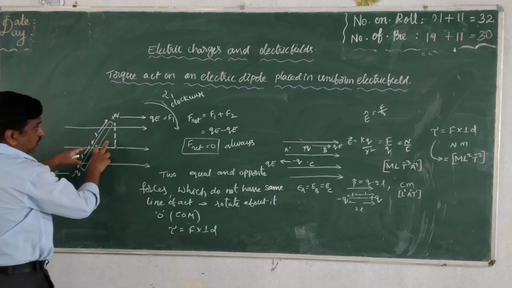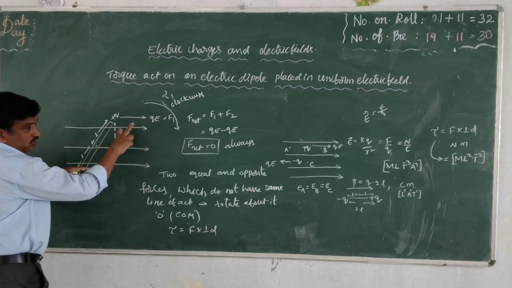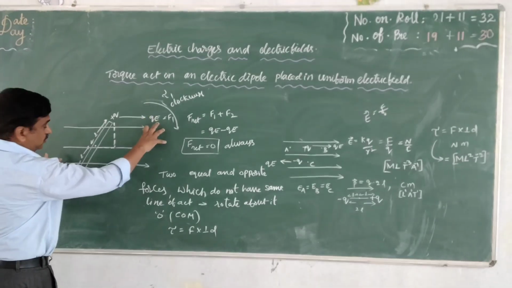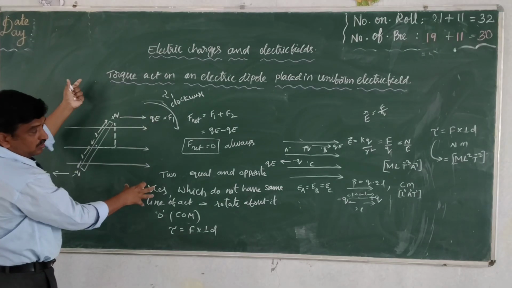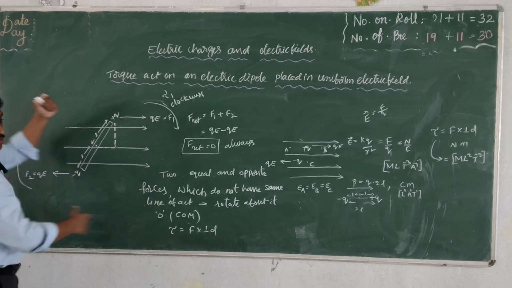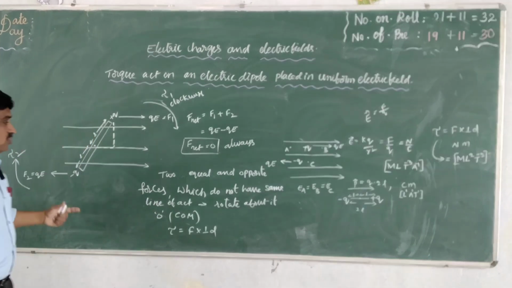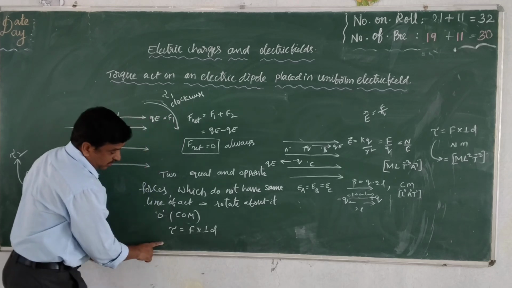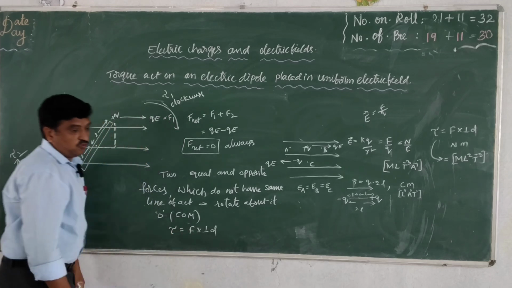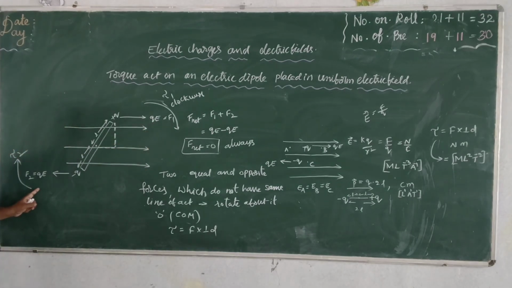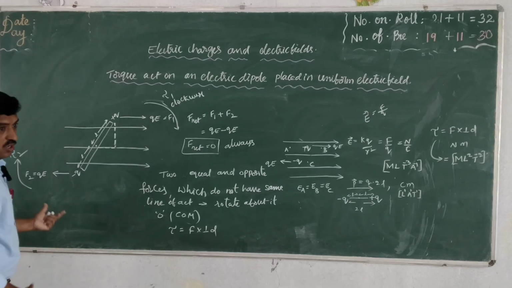These are two equal and opposite forces but they do not have the same line of action, so the torque here is downwards and here upwards, but both are in the same rotation, clockwise, that's why it will continuously rotate about its axis or center of mass. See here, total torque: torque means force into perpendicular distance. What is the force here? QE, here plus QE, here minus QE, which indicates only the opposite direction.